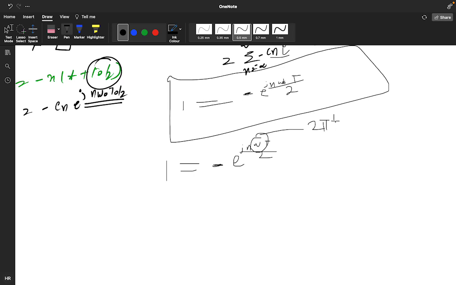So T and T will cancel out, and here you have a 2, so 2 will cancel out. So what you are getting? You are getting minus e power j n pi, correct?